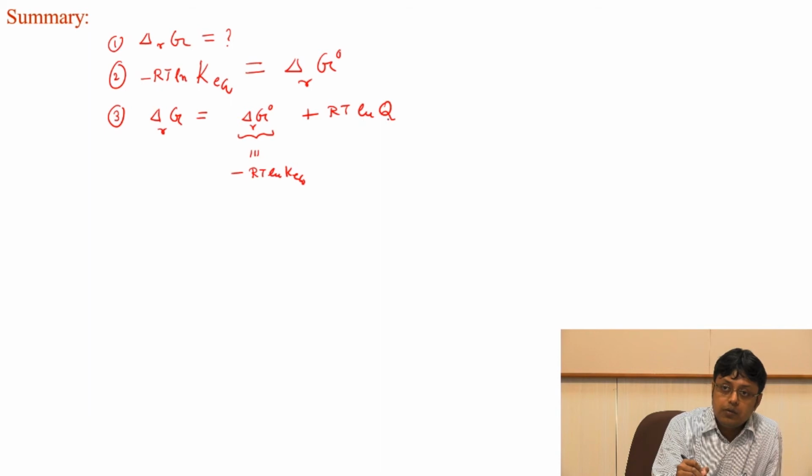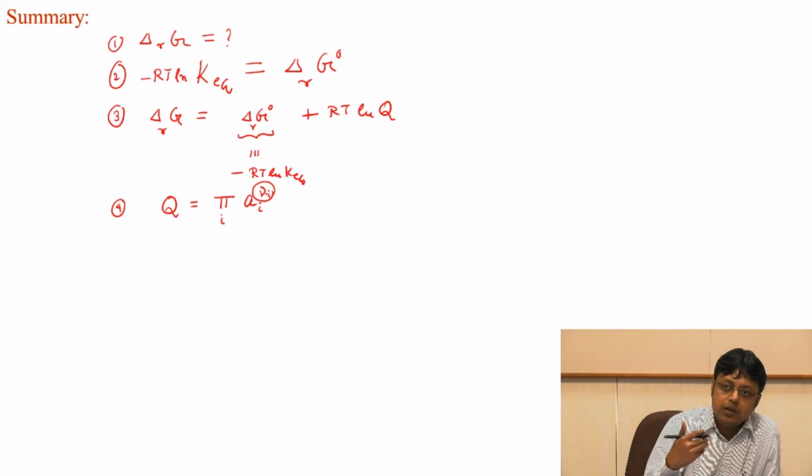Now Q will be equal to K equilibrium only under equilibrium. Then we showed the expression for Q or K: it is the product over all the terms, reactants or products, where you take the activity of that particular species and raise it to the power of its stoichiometric coefficient, but this coefficient will be positive for products and negative for reactants.